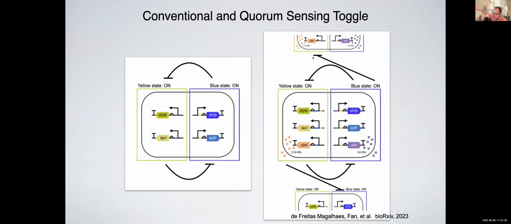So this extracellular signal will propagate and repress the yellow part of the circuit in all the neighboring cells, as far as the signal propagates.